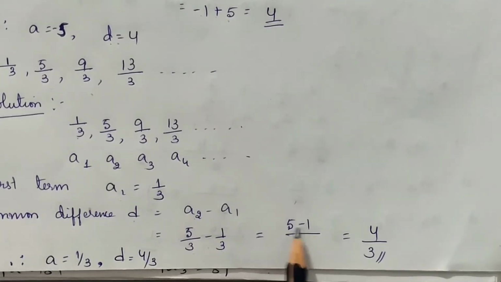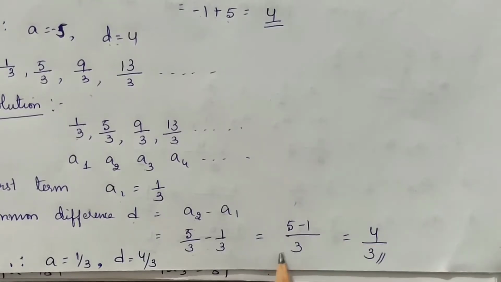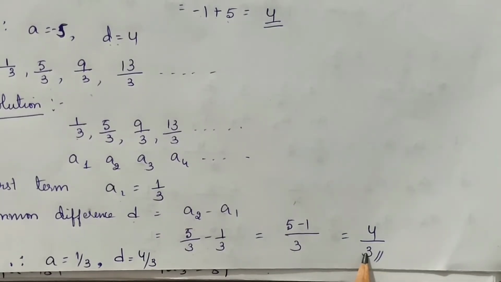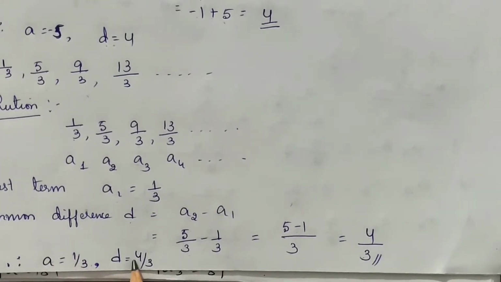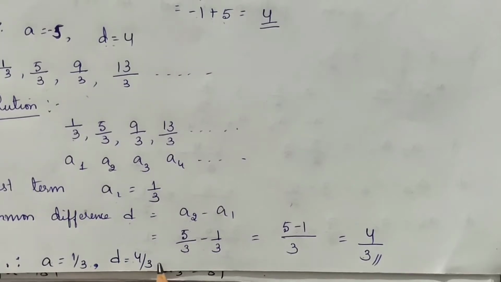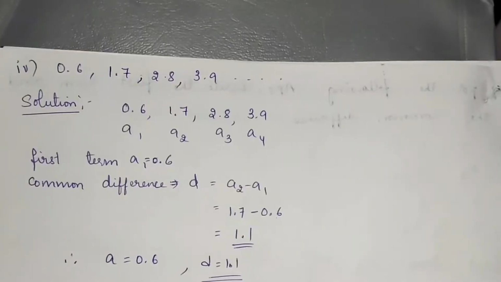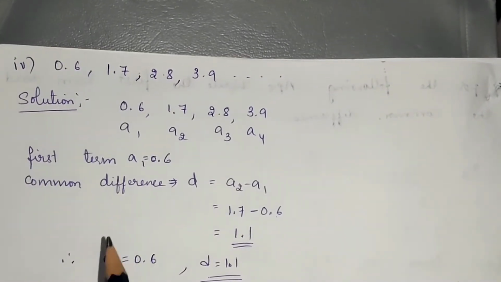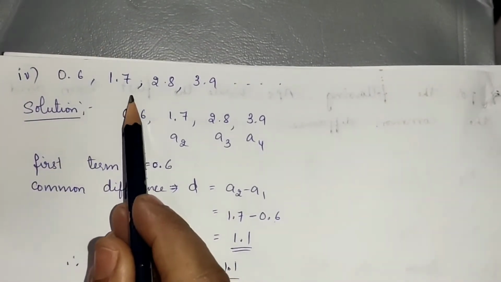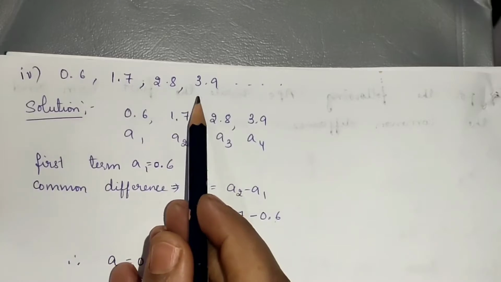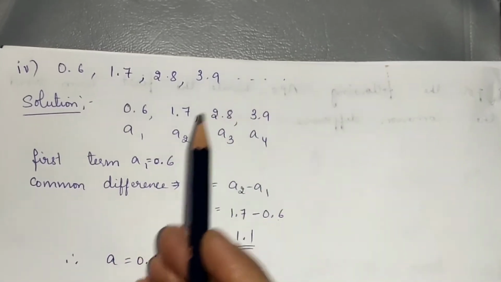If you subtract 5 minus 1, you will get 4 with the denominator 3. Now you can write it as A is equal to 1 by 3 and D is equal to 4 by 3 is the answer.